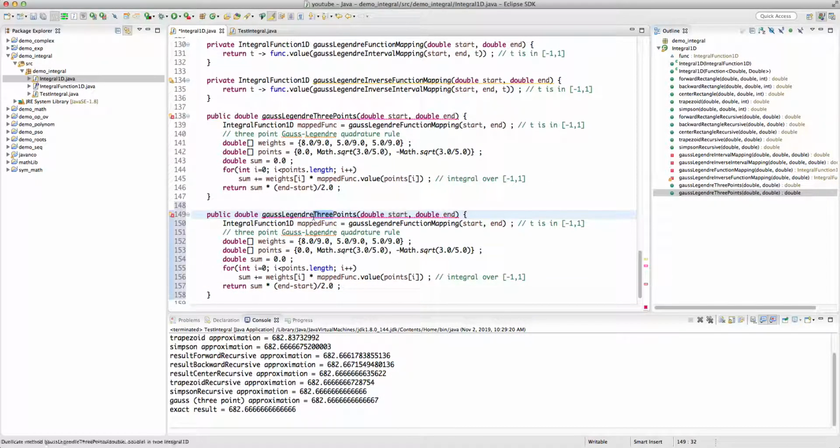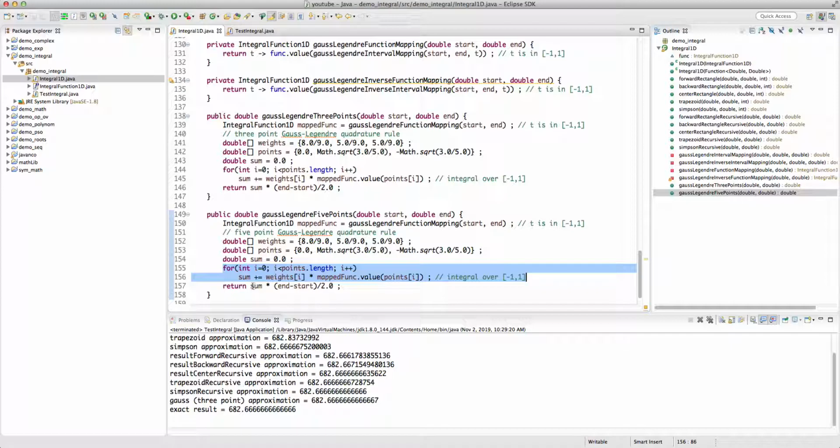Instead of 3 points, we go 5 points. Everything is the same, the mapping is the same, and the summation is the same, and when we integrate over -1 to 1, we scale it back. The only thing that changes is the weights and the points.